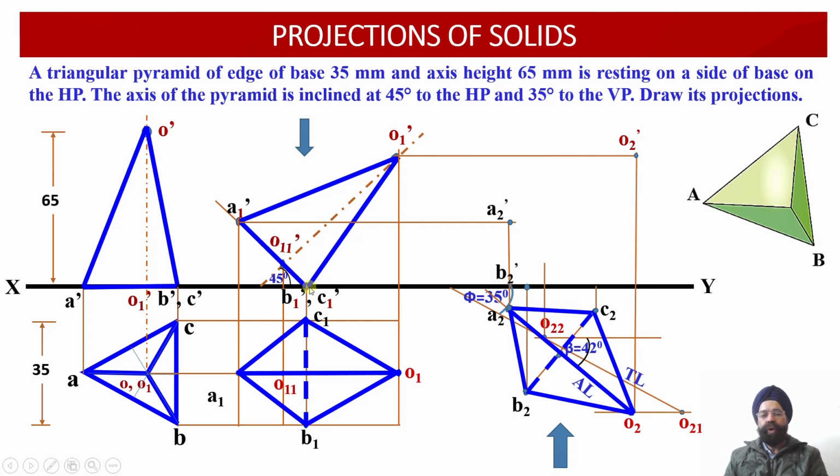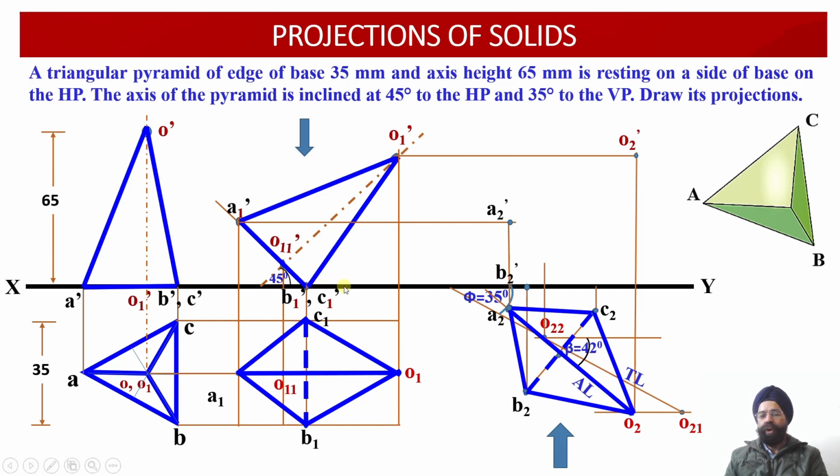Next, we have points B1 dash and C1 dash in the front view located on the XY reference line. Why? Because this solid is resting on the edge of the base on the horizontal plane, so the B1 dash and C1 dash points are available on the horizontal plane, that is, on the XY reference line.